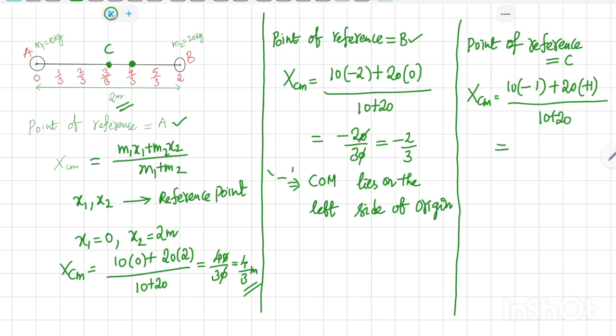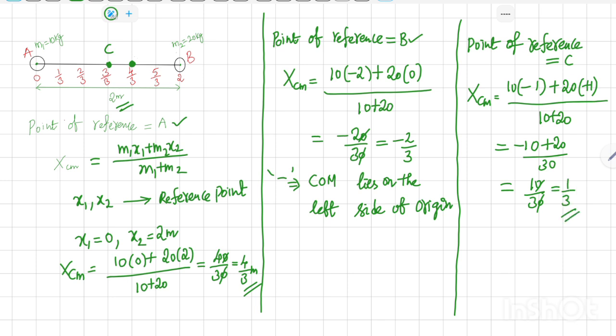Now 10 into minus 1 is minus 10. 20 into plus 1 is 20. 20 minus 10 is 10, so 10 over 30, zeros cancel out. You will have 1 by 3.